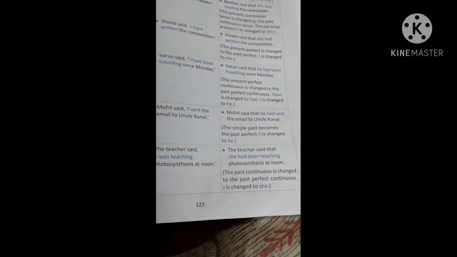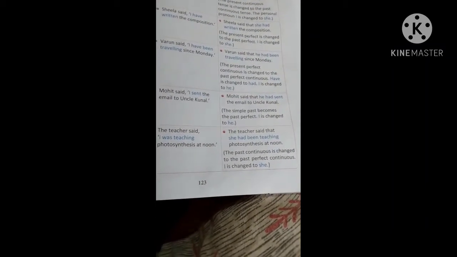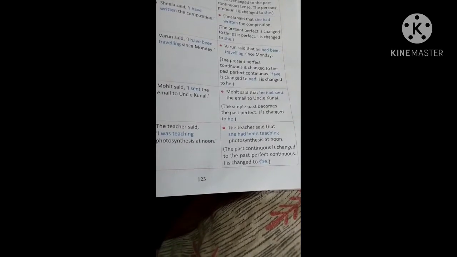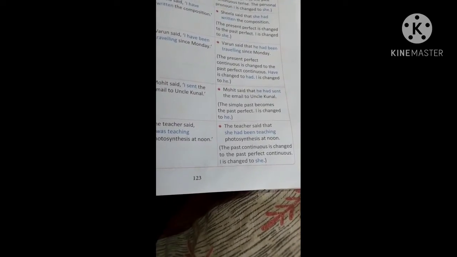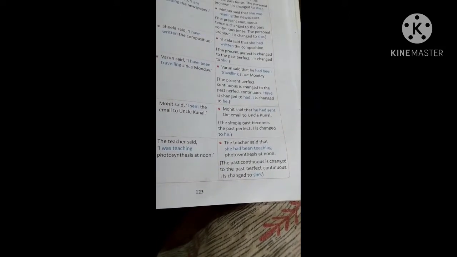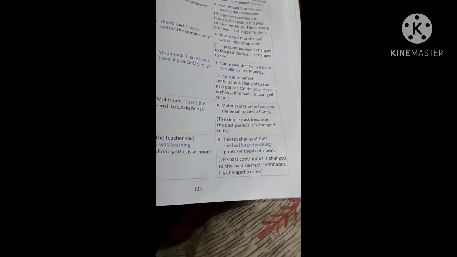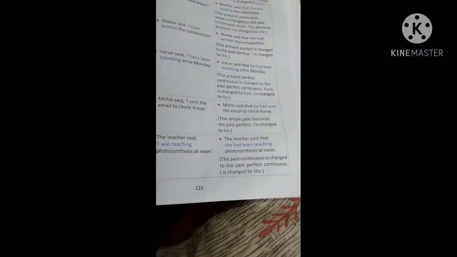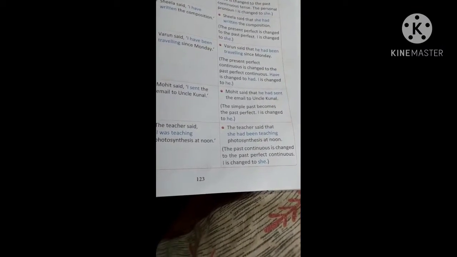If the reported speech is in past continuous, as the sentence says, the teacher said, I was teaching photosynthesis at noon. The past continuous changes to past perfect continuous. Students, be very careful about the changes. Again I repeat, past continuous is changed into past perfect continuous tense.